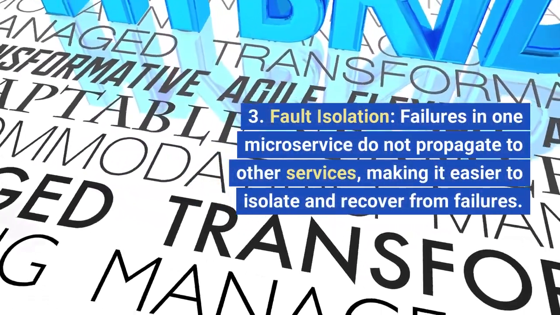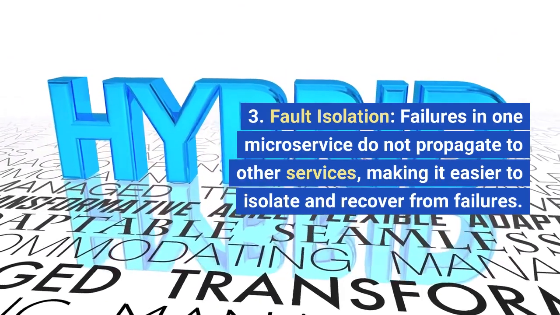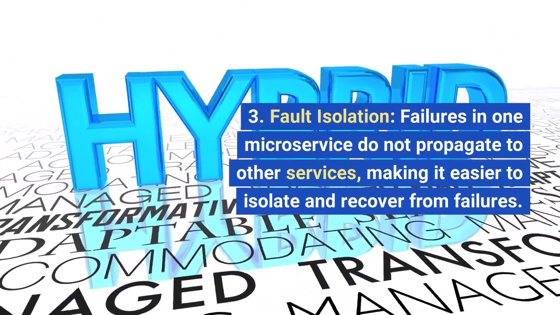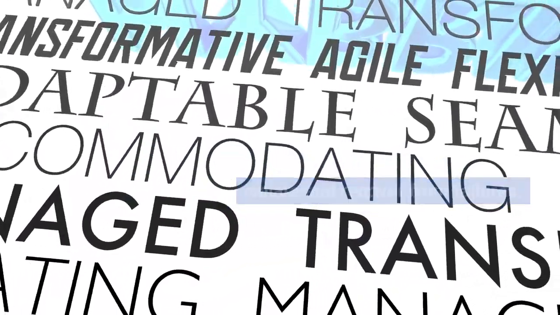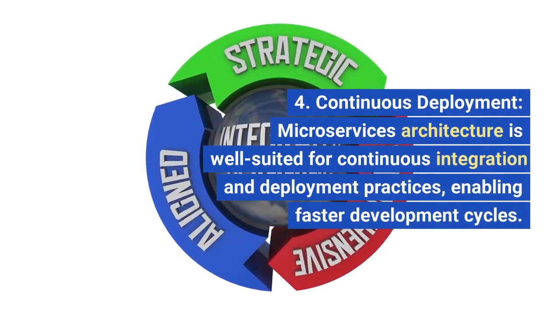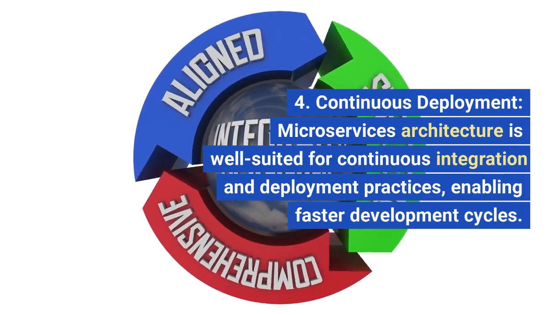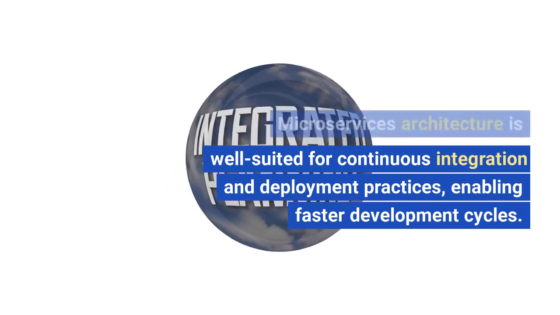Fault isolation. Failures in one microservice do not propagate to other services, making it easier to isolate and recover from failures. 4. Continuous deployment. Microservices architecture is well suited for continuous integration and deployment practices, enabling faster development cycles.